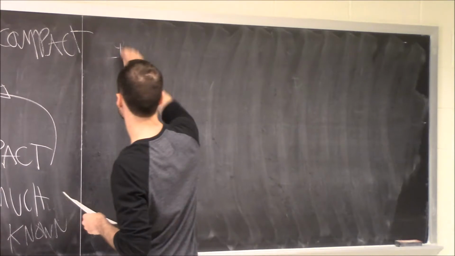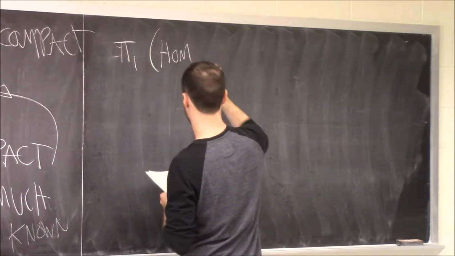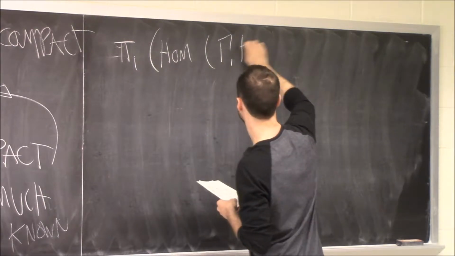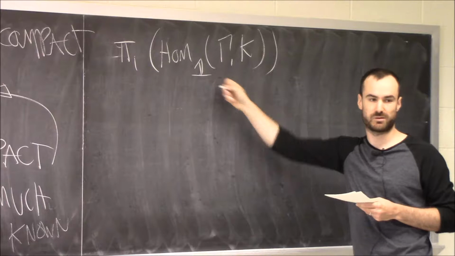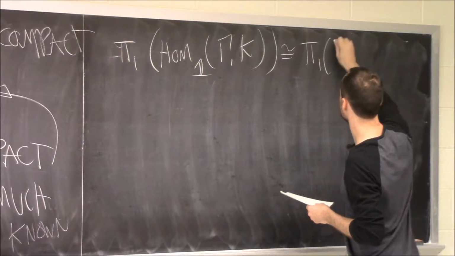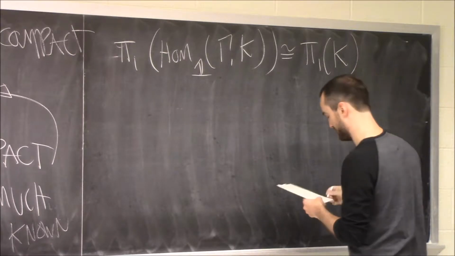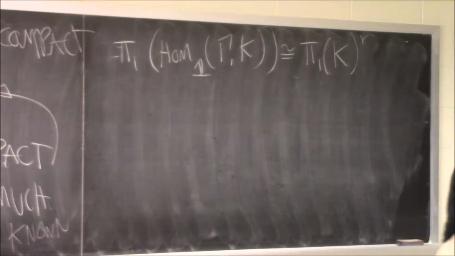So, for instance, the fundamental group of, so I need to base it, so I'm going to take the connected component of the trivial representation. This is simply isomorphic to the fundamental group of K, and I guess R copies of it. So remembering my convention that gamma is generated by R elements.